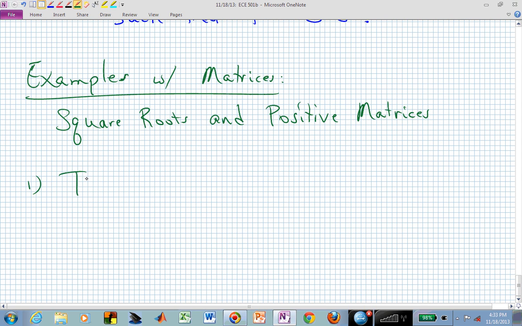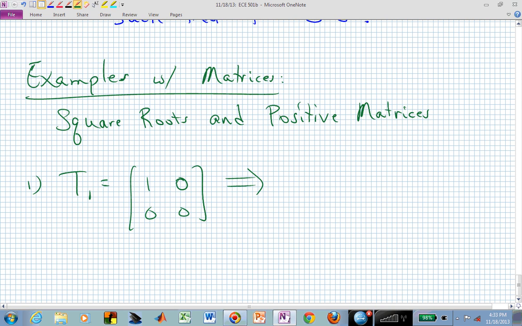Let's say T1 is equal to 1, 0, 0, 0. And most of these will be 2 by 2, just because you can generalize these to other things. Can you guys find a square root for T1? What's a matrix when multiplied by itself will give you T1?